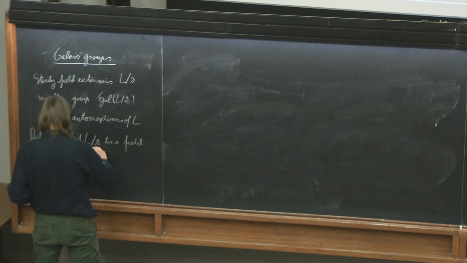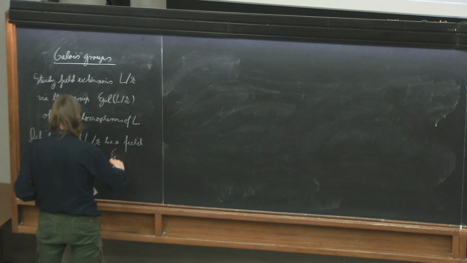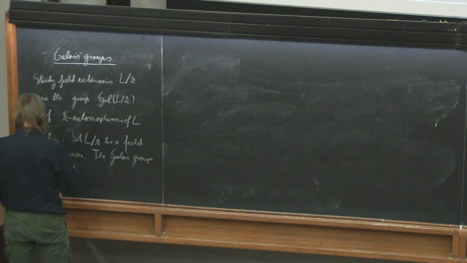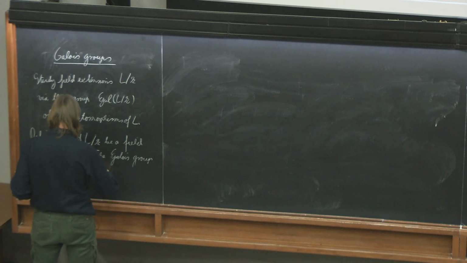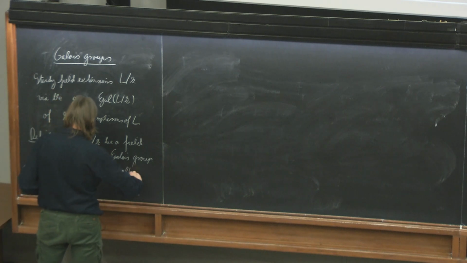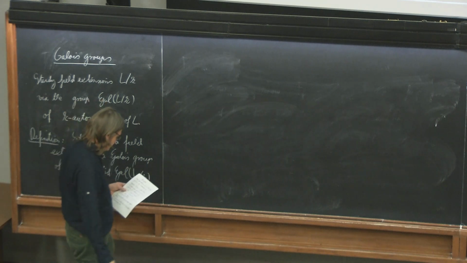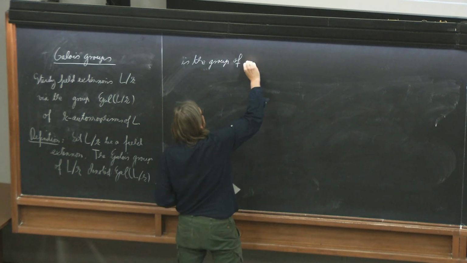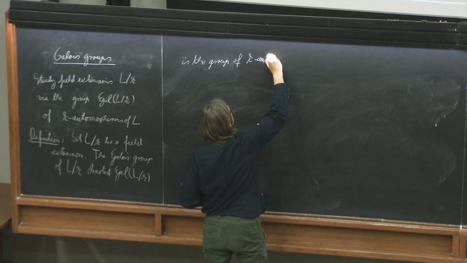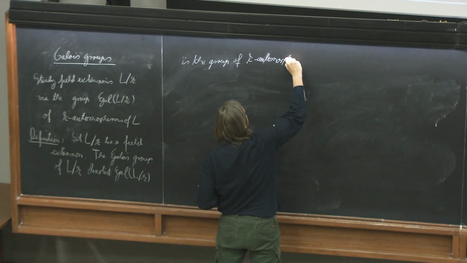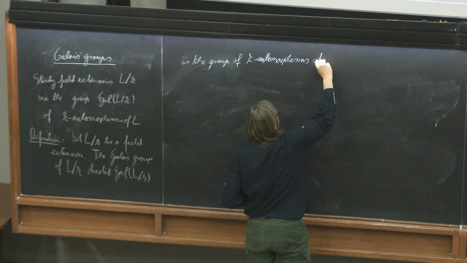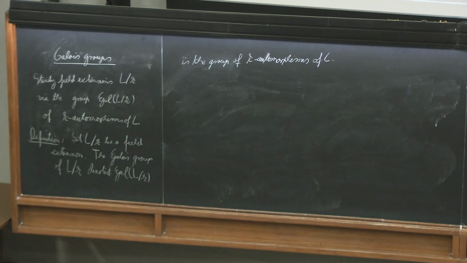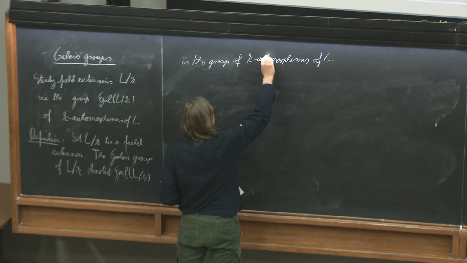So the Galois group of L over K, denoted Galois group of L over K, is the group of K automorphisms of L, so of automorphisms of the bigger field L, which are the identity on K. Clearly, this is a group under composition.